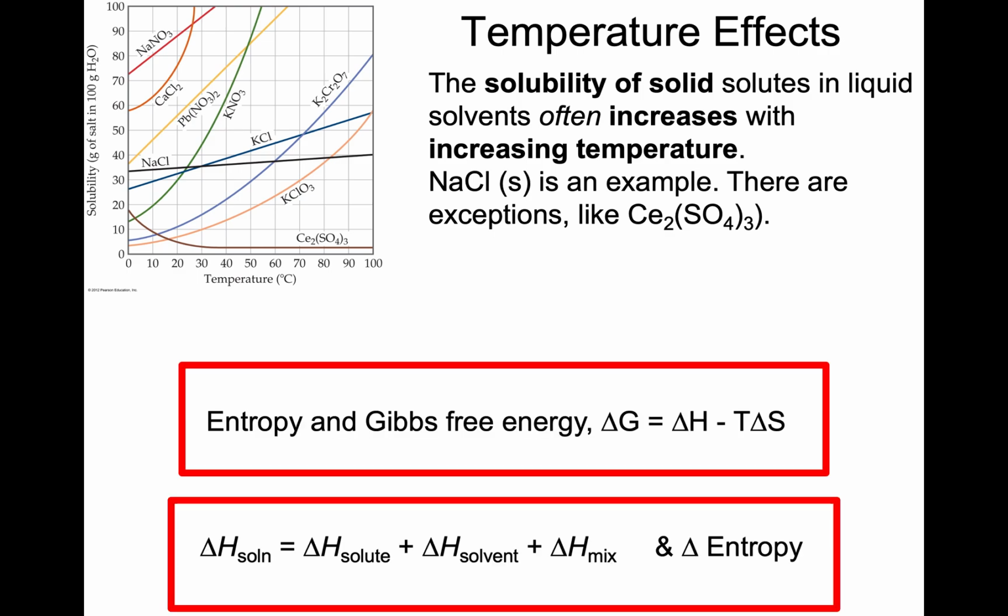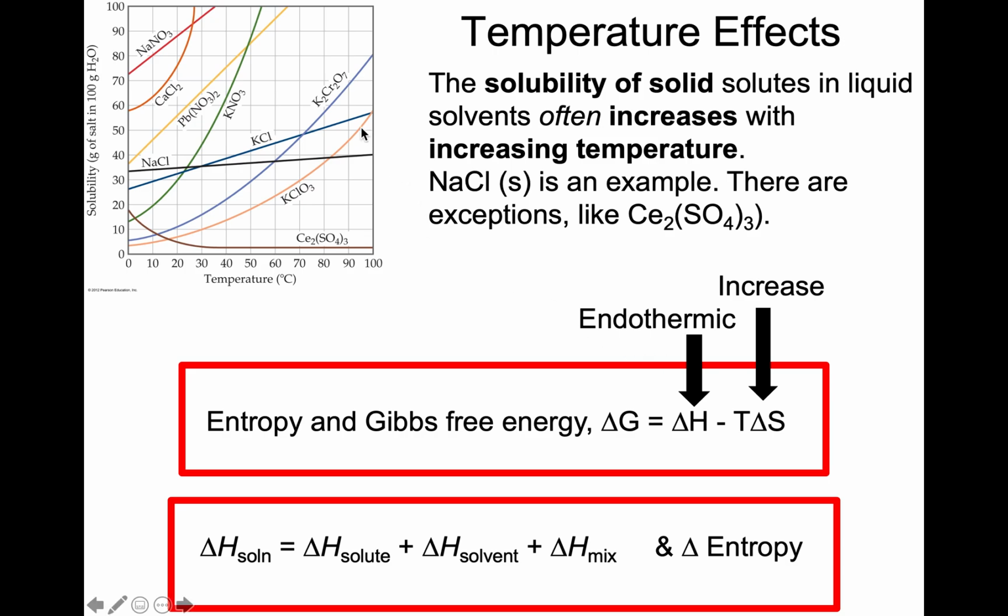So connecting this back, what's going on with the Gibbs free energy here? If we have something become more spontaneous with increasing temperature, that's because the entropy is increasing during this process. And if it has a temperature dependence, that means it's endothermic, because one of the terms is favorable, the other term's unfavorable.